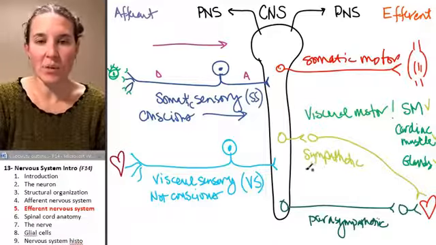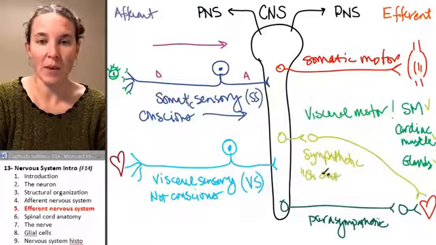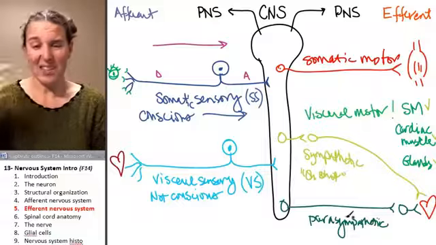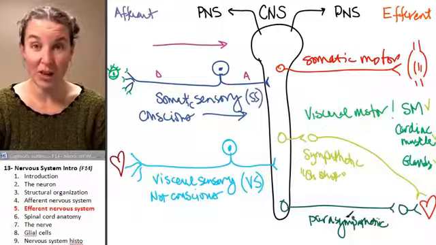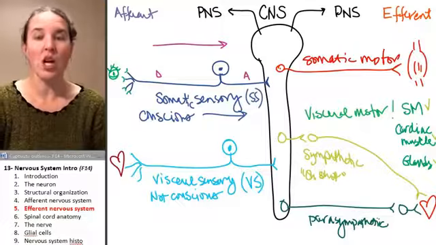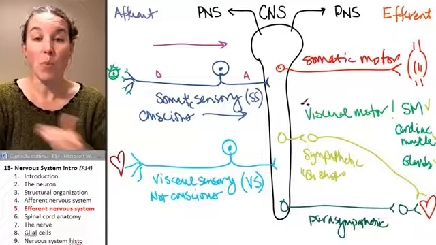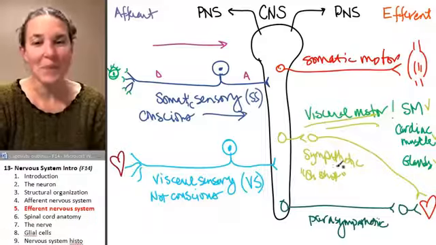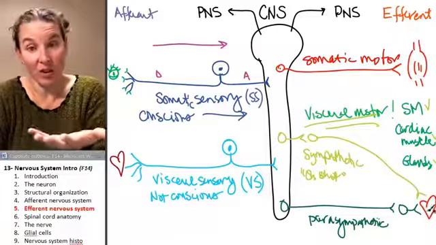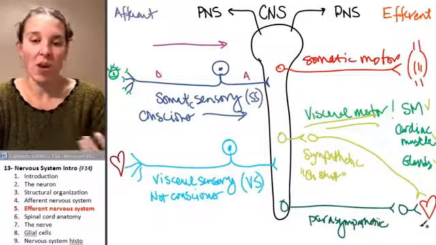This is the quintessential oh shit response. Probably shouldn't write that out in the universe, but that's how my brain thinks about it. If you have an oh shit response, that's your sympathetic nervous system activating. Notice that both of these are visceral motor. Both of them are green. One of them activates the effector. The other one calms it down.